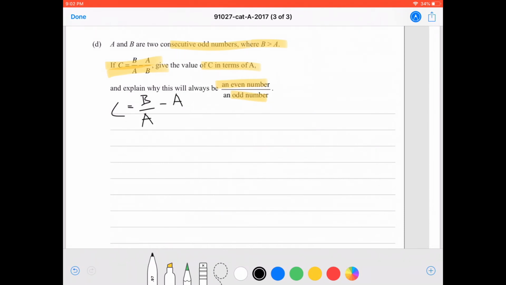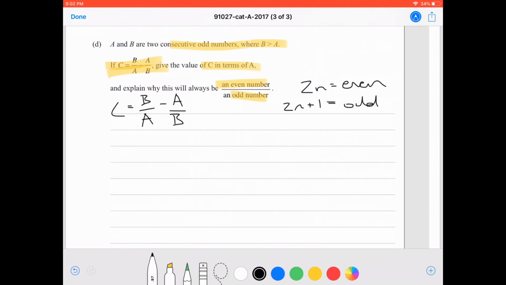The crux of this question is understanding rules of odd numbers in this case. So if you multiply any number by 2, let's say 2n, then your answer is even. If we said 2n plus 1, then your answer is going to be odd.